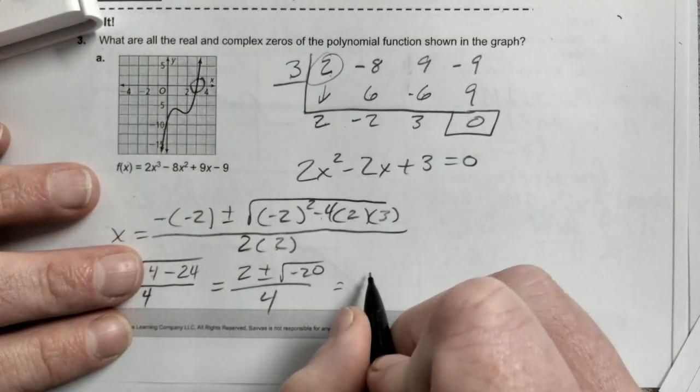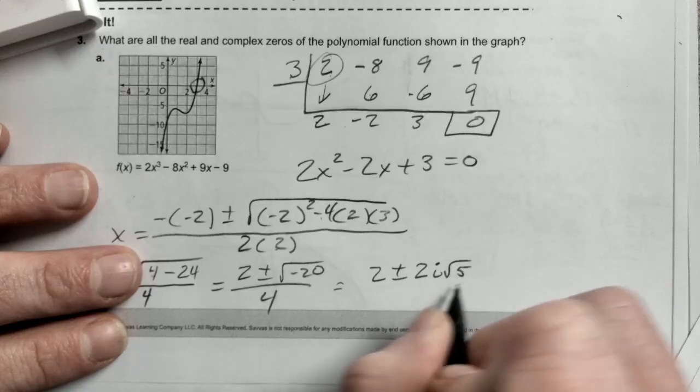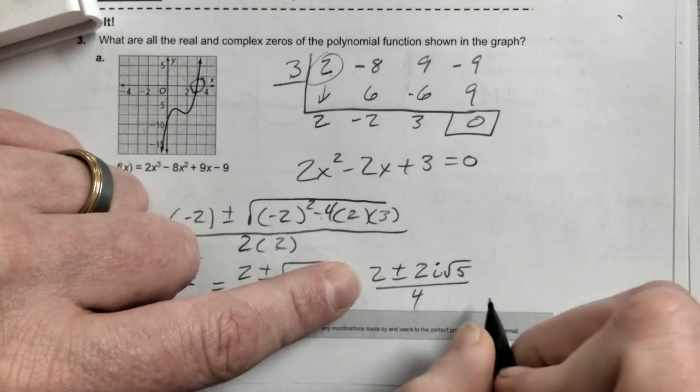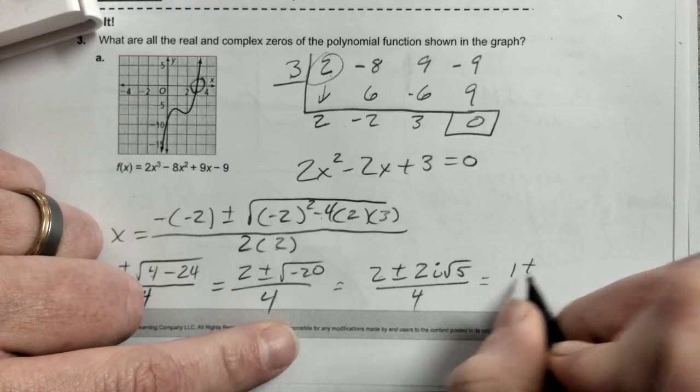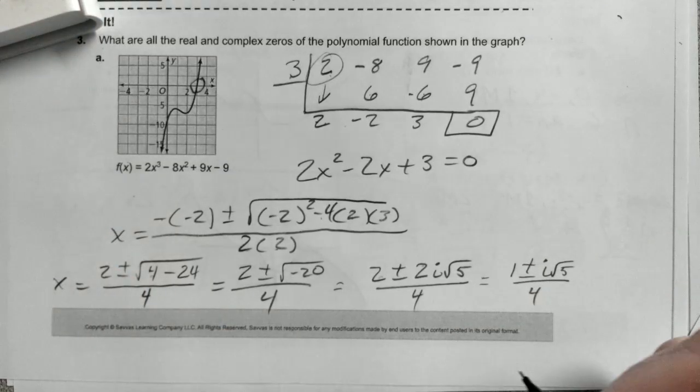Alright, so we get 2 plus or minus 2i root 5 all divided by 4. And now my 2, 2, and 4 all reduce. So 1 plus or minus i root 5 all over 4.